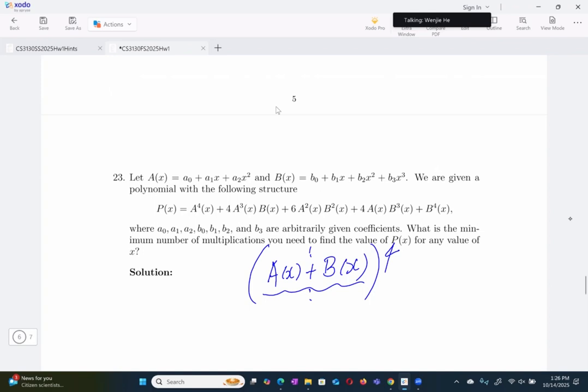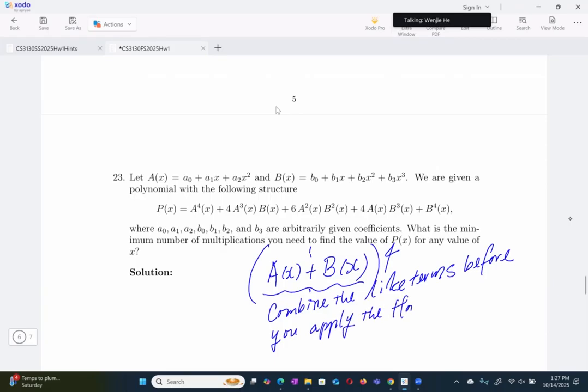Combine the like terms before you apply the wholeness rule. Because when you calculate separately, by wholeness rule, you need 2 multiplications, then by wholeness rule, you need 3 multiplications. Then 2 plus 3, 5.